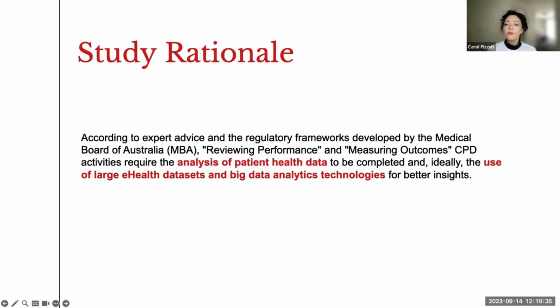In the last years, the MBA developed not only the current CPD standards, but also a regulatory framework called PPF, Professional Performance Framework, and several supporting policy documents, which state that reviewing performance and measuring outcomes CPD activities require the analysis of patient health data to be completed, and ideally the use of large electronic data sets and big data analytics technologies for better insights.